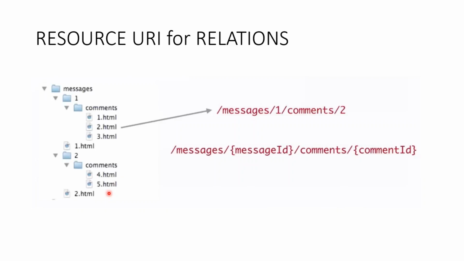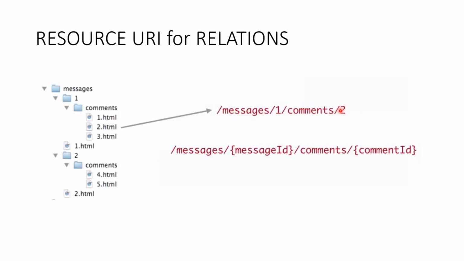So from here, if you just say messages slash one, you should get the message. And if you say messages slash one slash comments, it should return 1, 2, 3. If you don't specify this number, then it should return you all the comments, that is 1, 2, and 3.